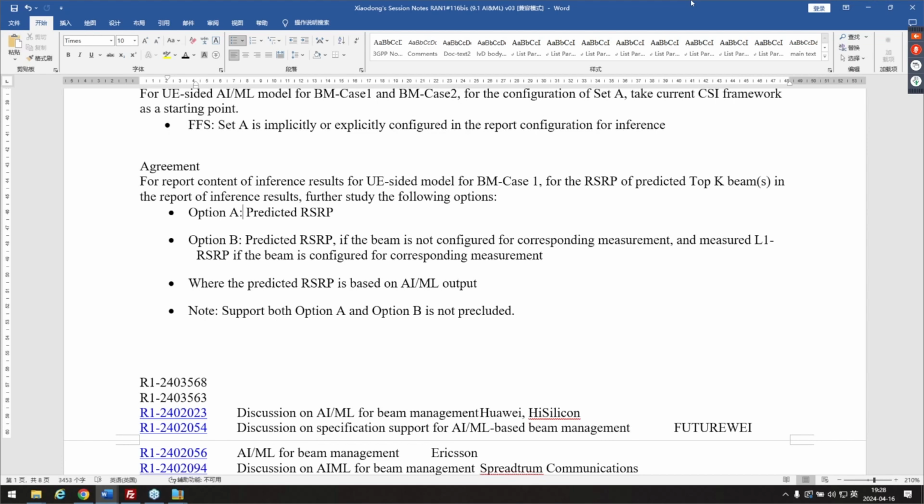What do we mean by definition of L1-RSRP? In the main bullet, right now it says for the L1-RSRP, we can say for the definition of L1-RSRP. That is RAN1.